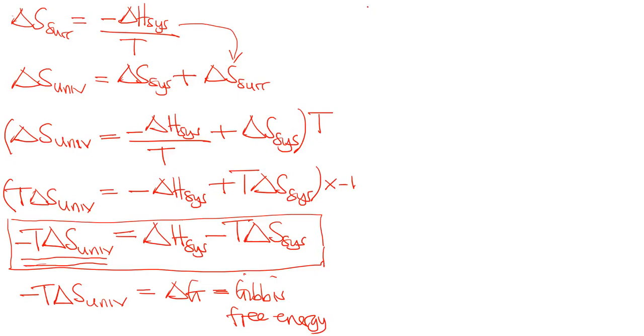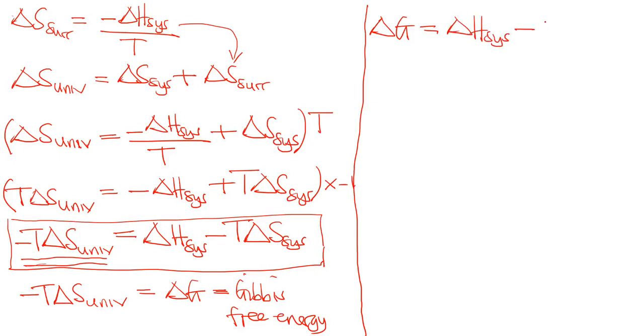So if I draw a line here, we can say that delta G is given by delta H system minus T delta S system. Normally we don't need to write system. We just say delta G is equal to delta H minus T delta S.